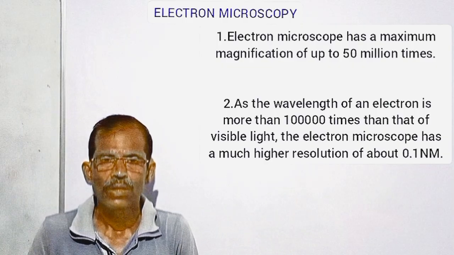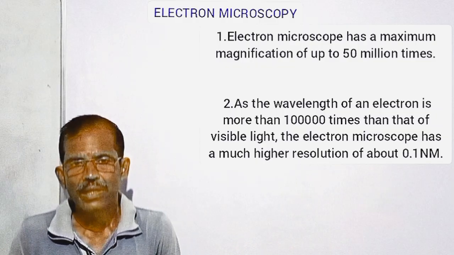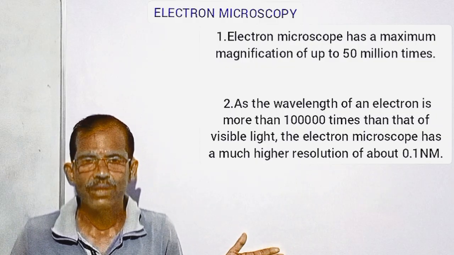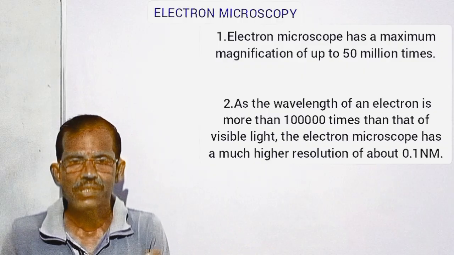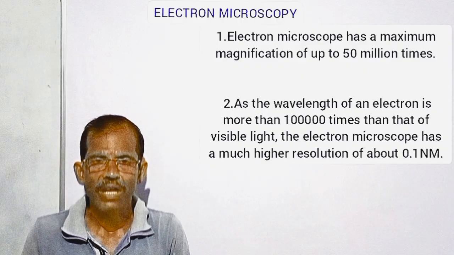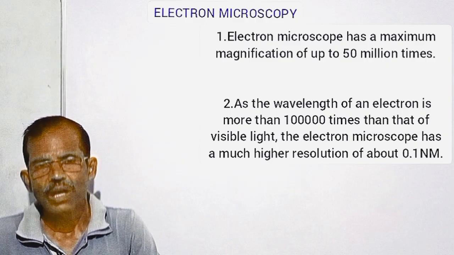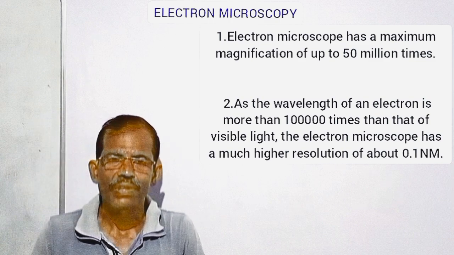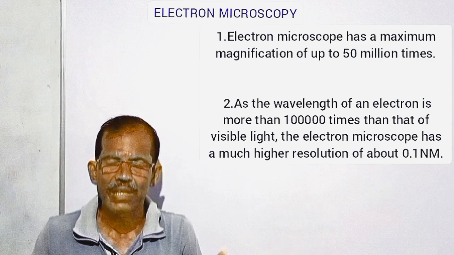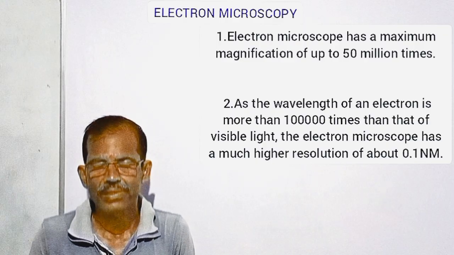Number one, biological research and medicine. It includes microbiology and cell biology, diagnostic pathology, and vaccine development. Electron microscopes are used for imaging viruses, different types of bacteria and other cells, and intracellular organelles.